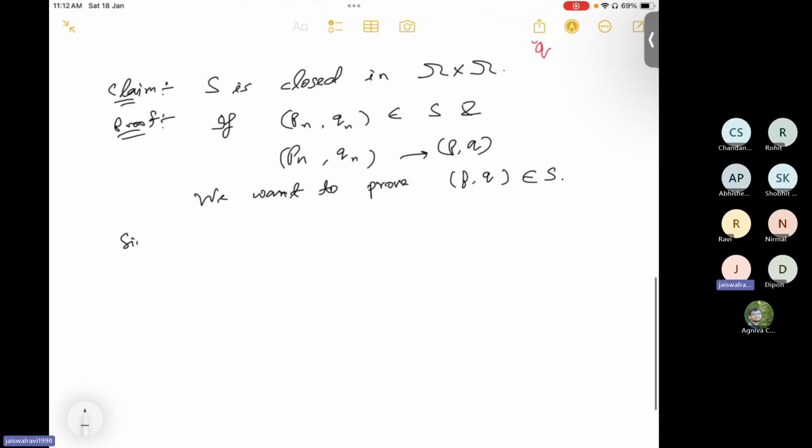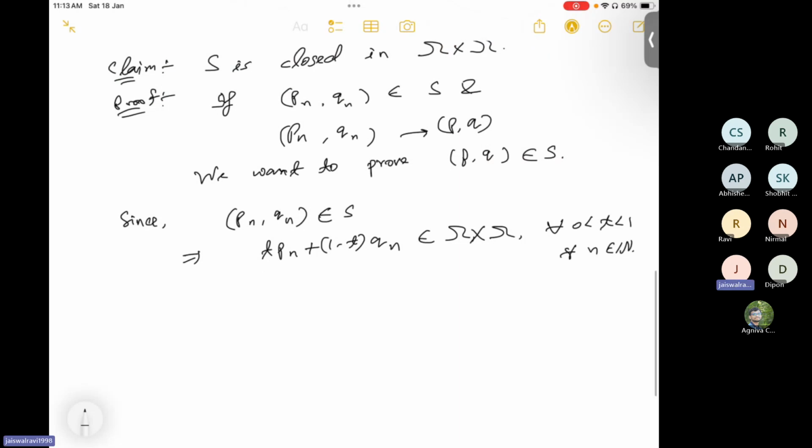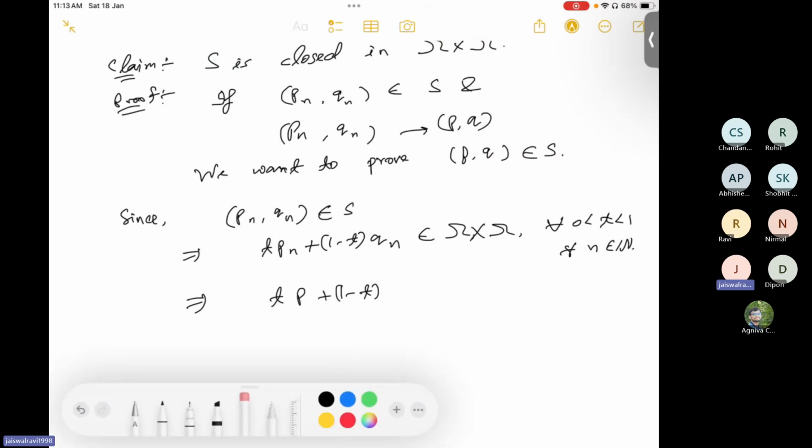So since p n comma q n is in S, by definition t p n plus 1 minus t q n is in omega for all t between 0 and 1, and for all n in natural numbers. So since p n comma q n goes to p comma q, this will imply t p plus 1 minus t q. Oops, sorry, this is in omega.